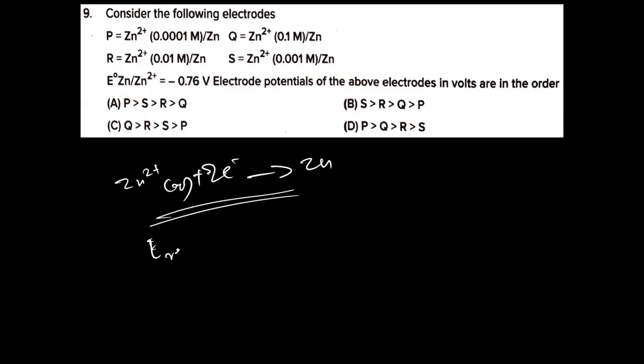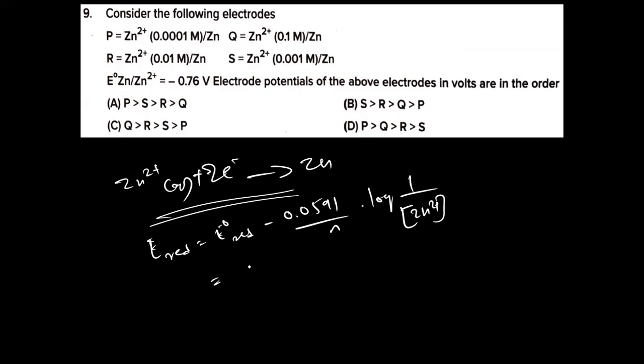So apply Nernst equation, E reduction is equal to E naught reduction minus 0.0591 divided by n log 1 by concentration of Zn2 plus. Okay. So E naught reduction potential they have already given, 0.76 minus 0.0591 divided by n, where n is the number of electrons involved in the reaction, that is 2.